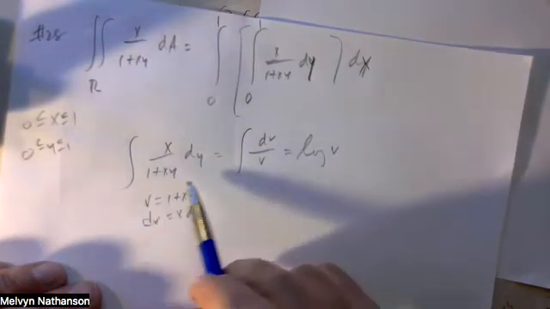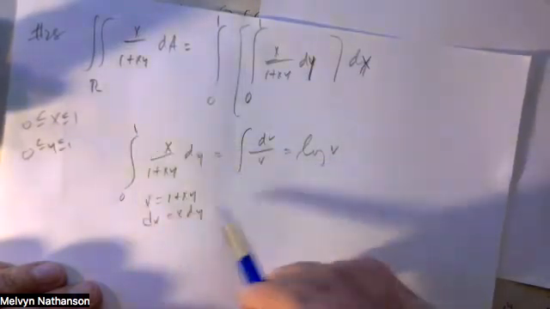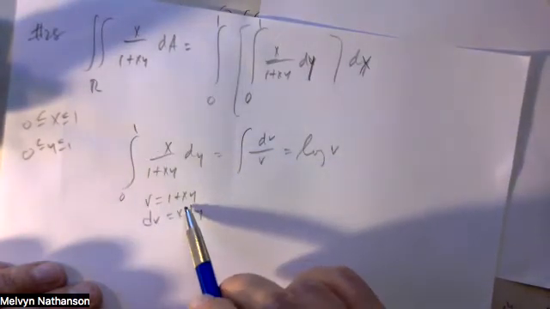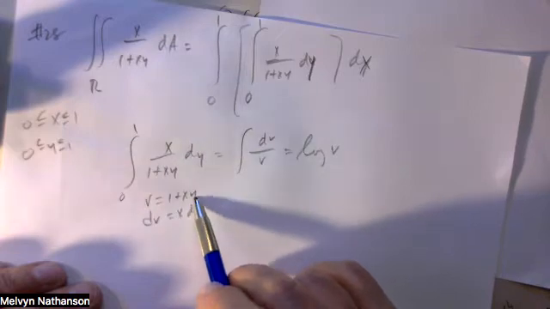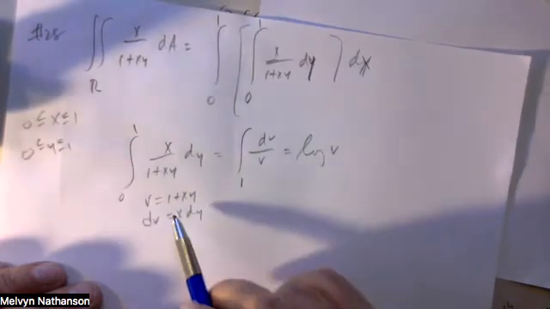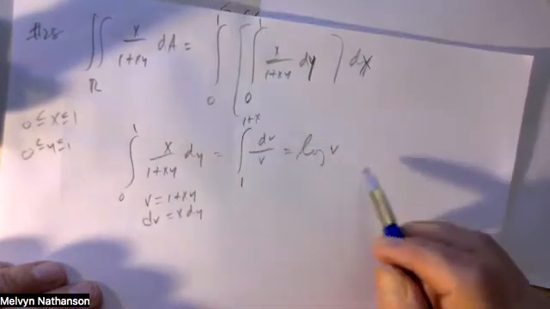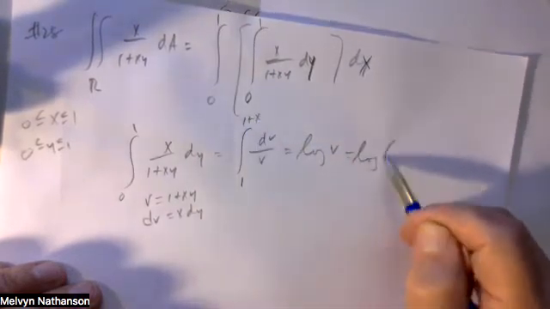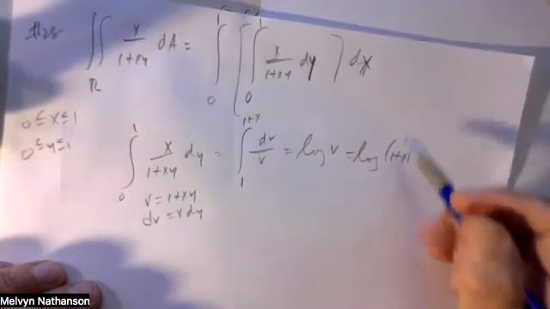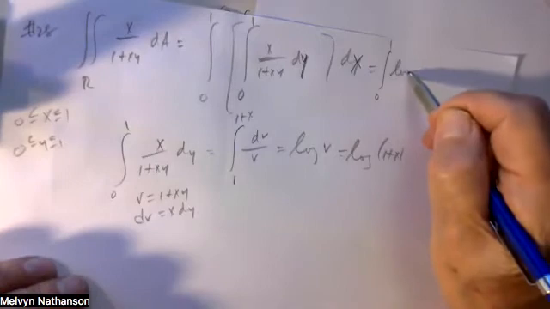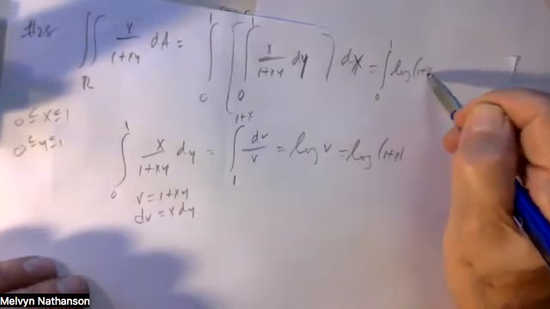And if I'm integrating as y goes from 0 to 1, then v goes from 1, y equals 0, to 1 plus x. So this is the log of 1 plus x. So this is the integral from 0 to 1 of the log of 1 plus x dx.